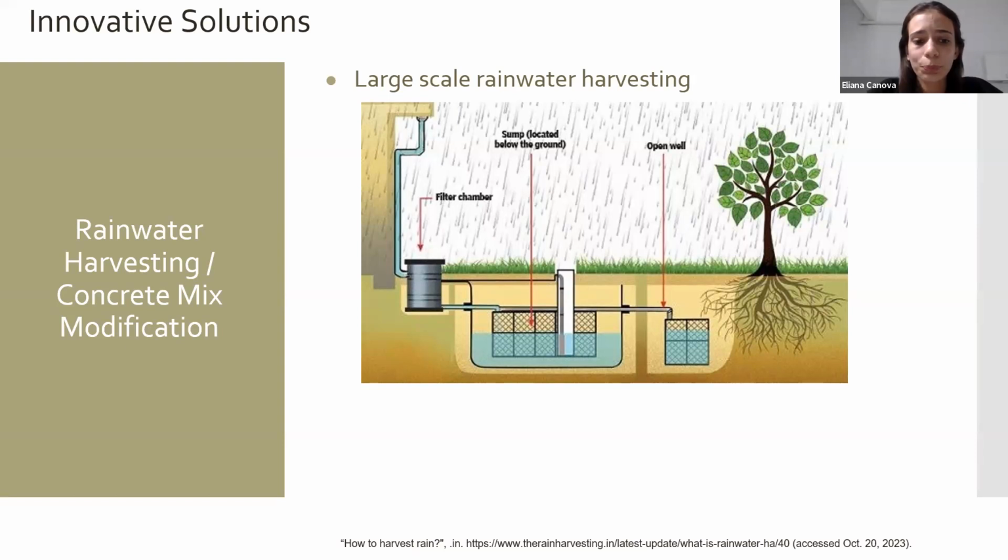However, the success of rainwater harvesting systems depends on local climatic conditions and infrastructure.